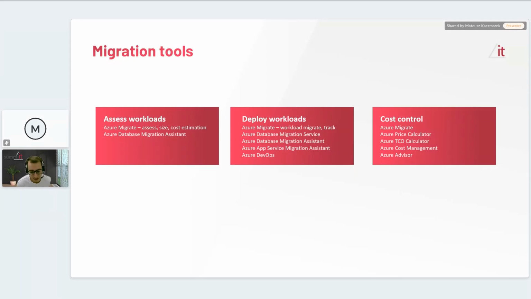Also, the same tools will help us to deploy workloads into the cloud, as Azure Migrate also has the possibility to replicate our current infrastructure to the cloud. That means we are able to connect the agent from our on-premise to the cloud and continuously replicate the current server.